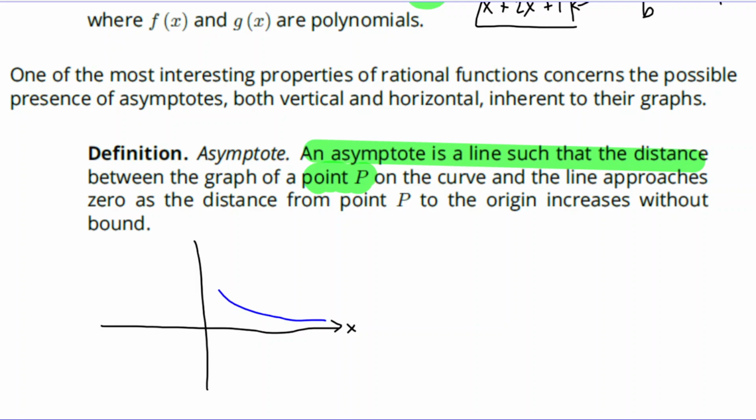So if I take this section here and zoom in on it, it's still going to look like this, and it's still getting closer. There's always going to be some gap in between, however infinitesimal it may be.